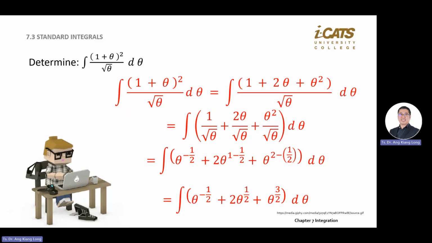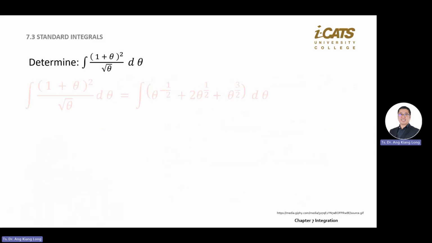The idea is to expand the square. So you expand the bracket of square, then you break into individual terms, then you integrate individually. Write in the index form, then rearrange in this form, and only then do the integration.